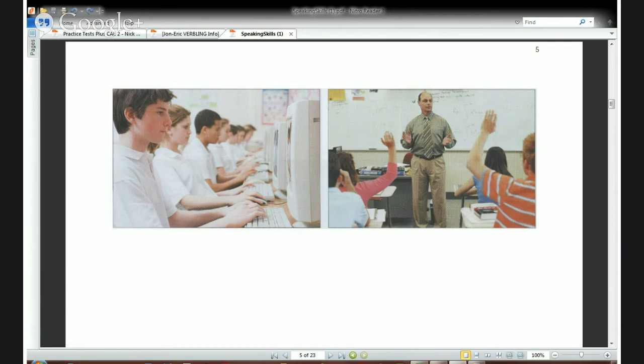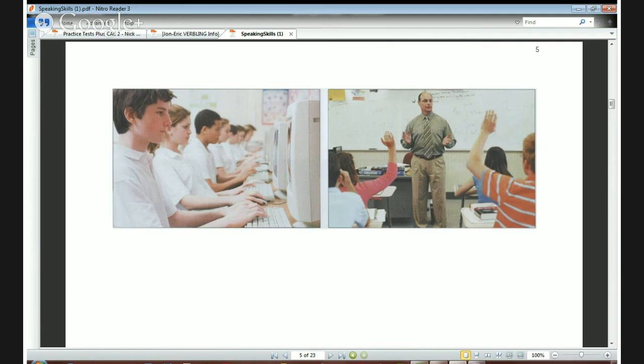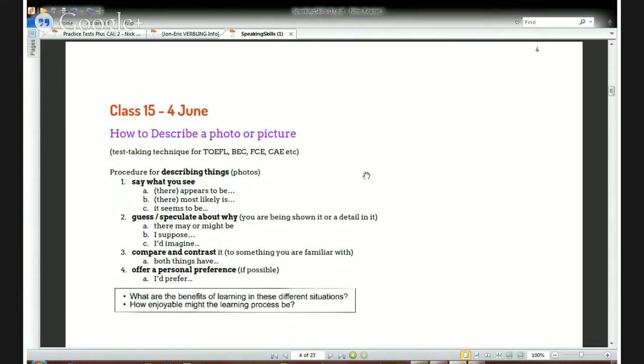Okay? So let's go to, who is this? I can't see who you are. Luo and Robin. Okay? Staying on picture 3, all I want you to do, first Luo, is go to prompt 3 and compare and contrast it. Say one thing to compare and contrast it with something you're familiar with.